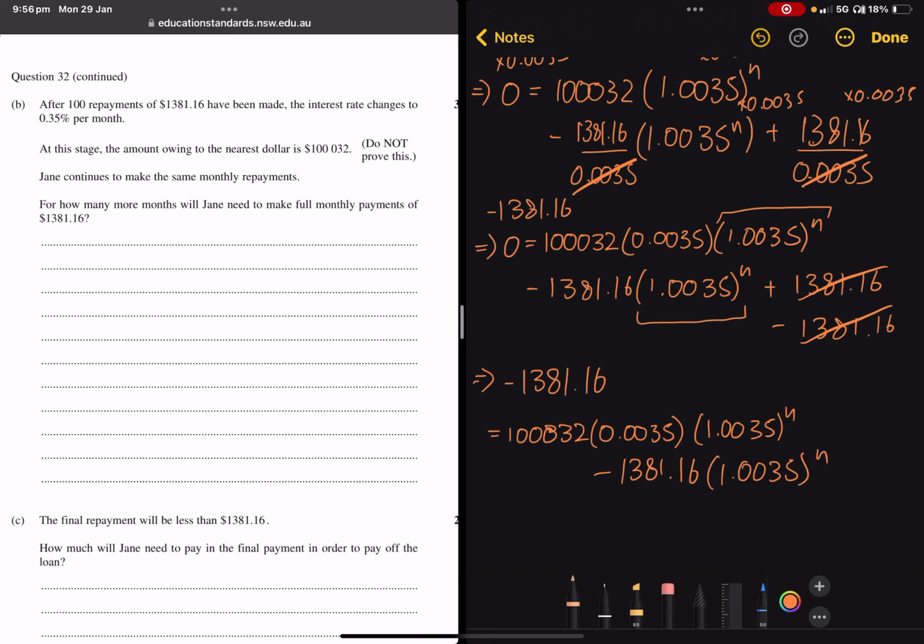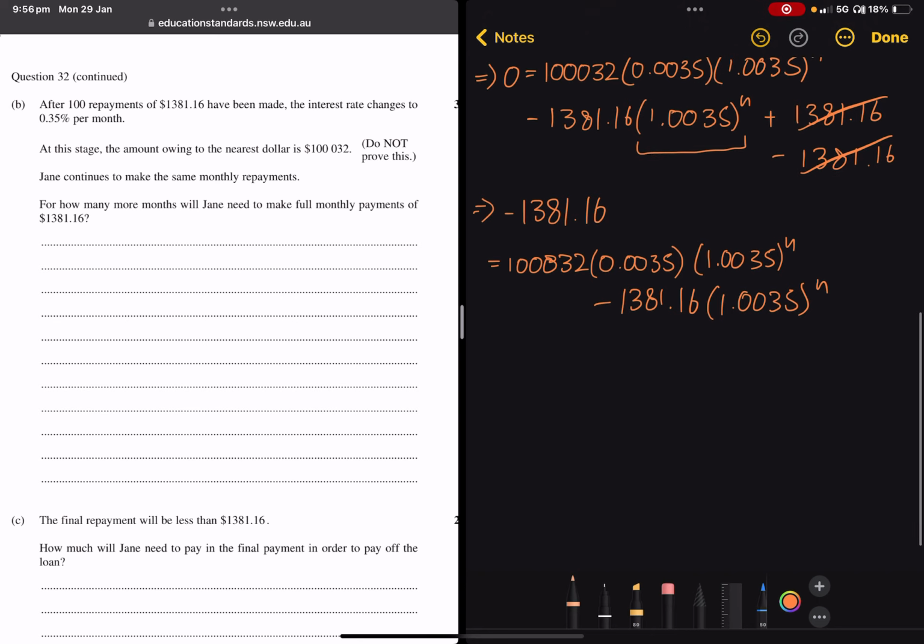I'm now going to factorize 1.0035 to the power of n from the right-hand side. So this will give me minus 1381.16 is equal to 1.0035 to the power of n. I will have this term minus this term in the brackets.